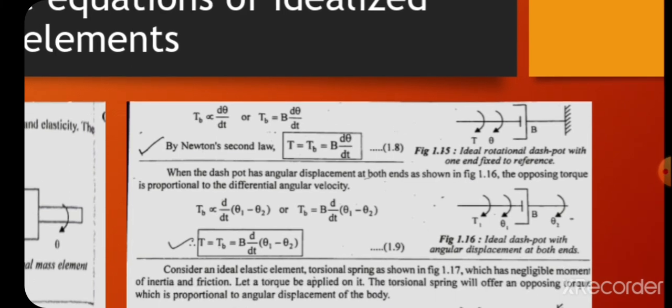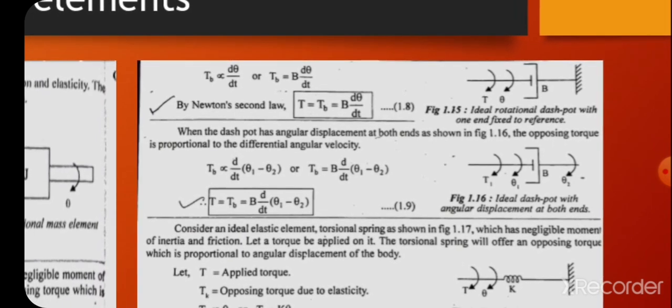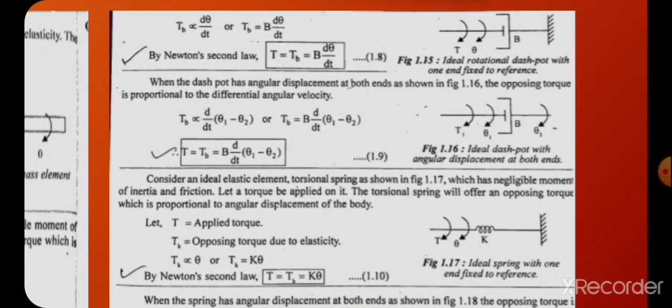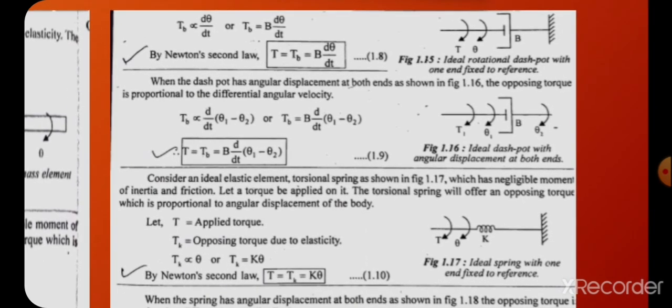Suppose the dashpot has an angular displacement at both ends, and that is shown in the second figure. Here, when we apply a torque, due to that applied torque there are displacements at both ends of the dashpot.